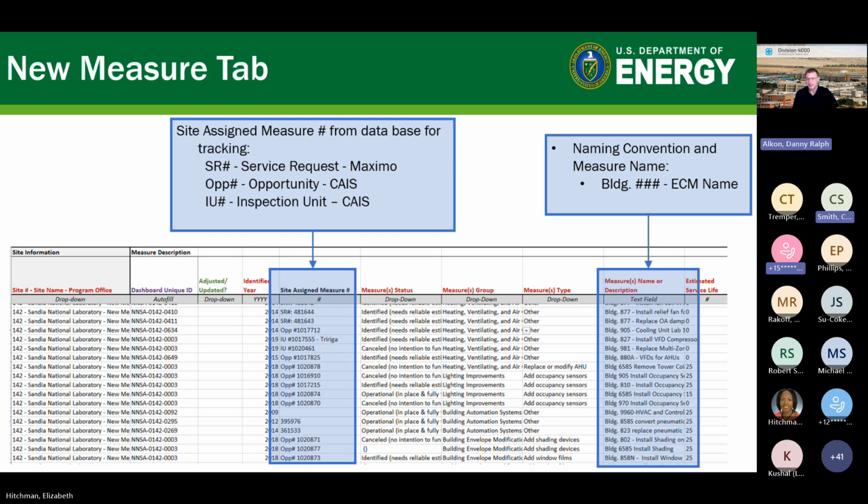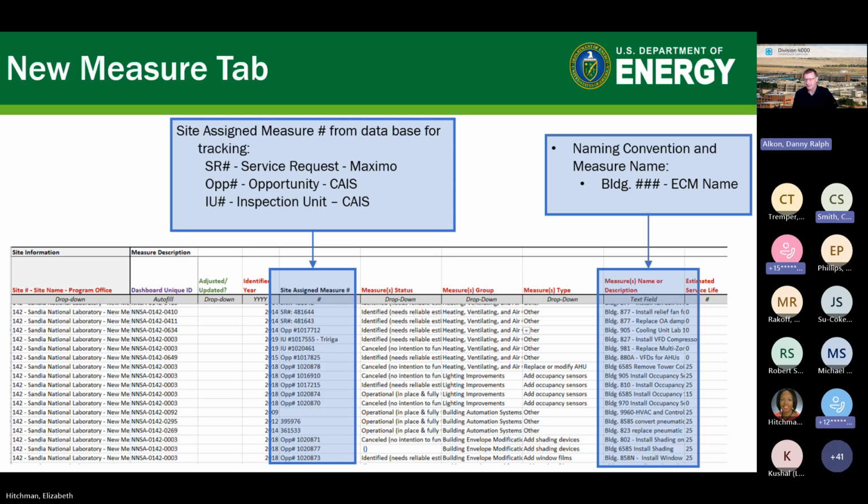We put in the service ticket, if it's Maximo, which is a database that we track service calls, or if it's a repair, or an opportunity in case, which is another database. We try to have one of those numbers created for each one of the ECMs.